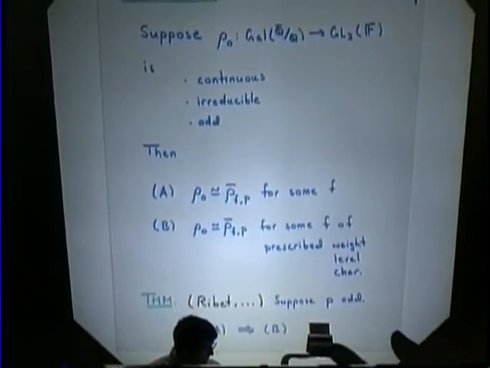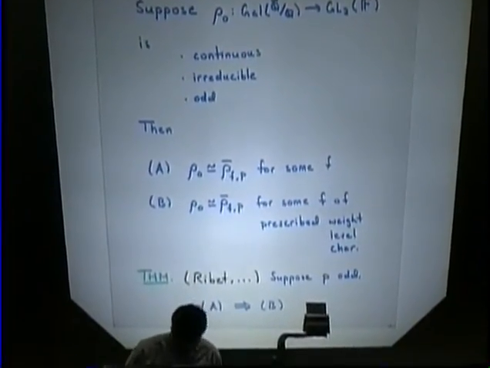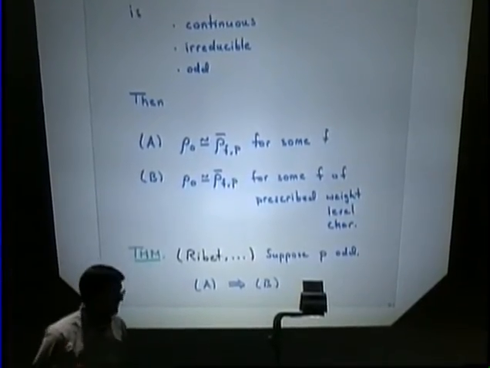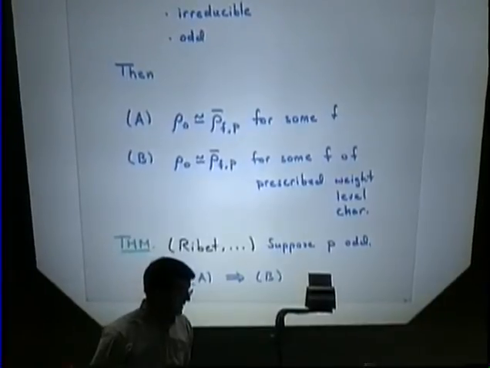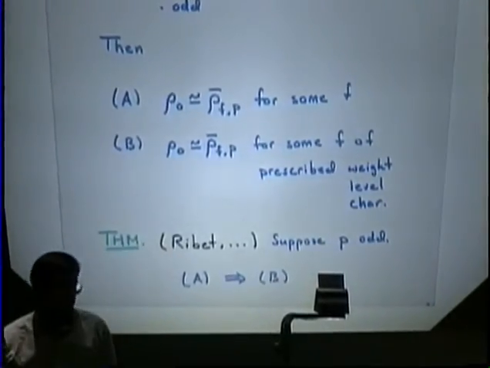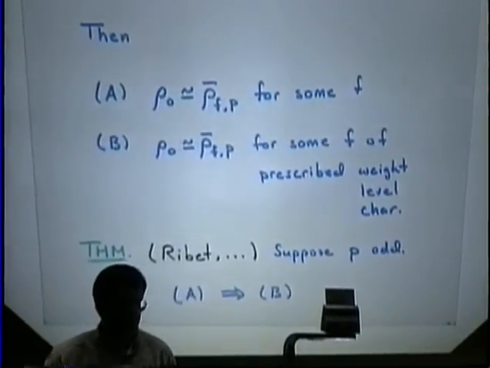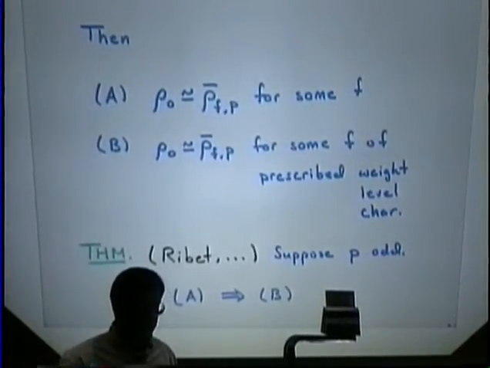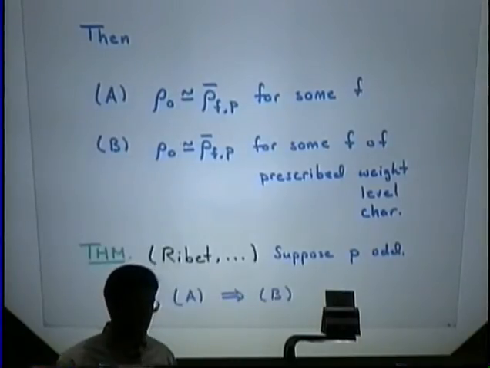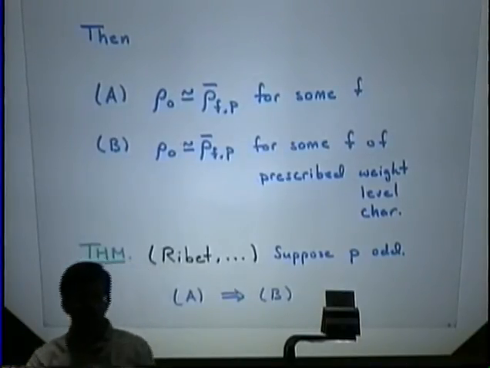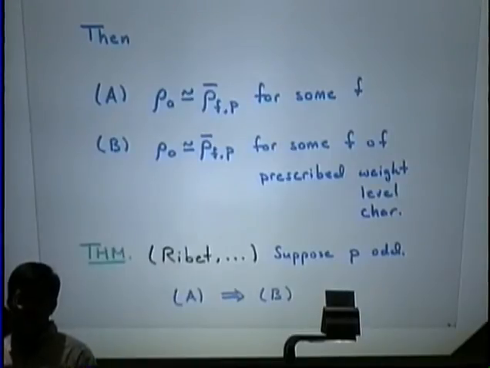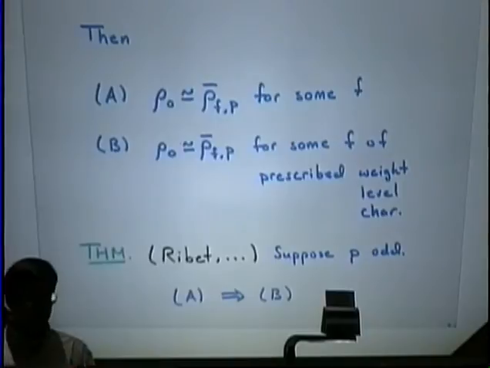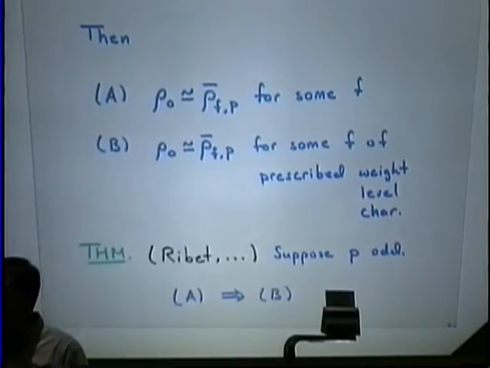And then the most general result that we have in the direction of this kind of mod P modularity conjecture is the epsilon theorem of Ribet and Diamond and many other mathematicians, that if P is an odd prime at least, then conjecture A implies conjecture B. That if we know that the representation is the residual representation of some modular form, then it actually is the residual representation of one of the right weight, level, and character.